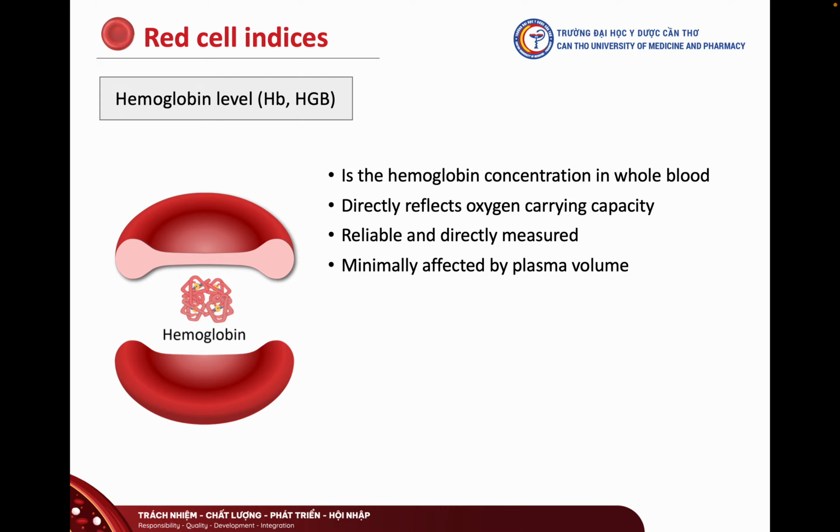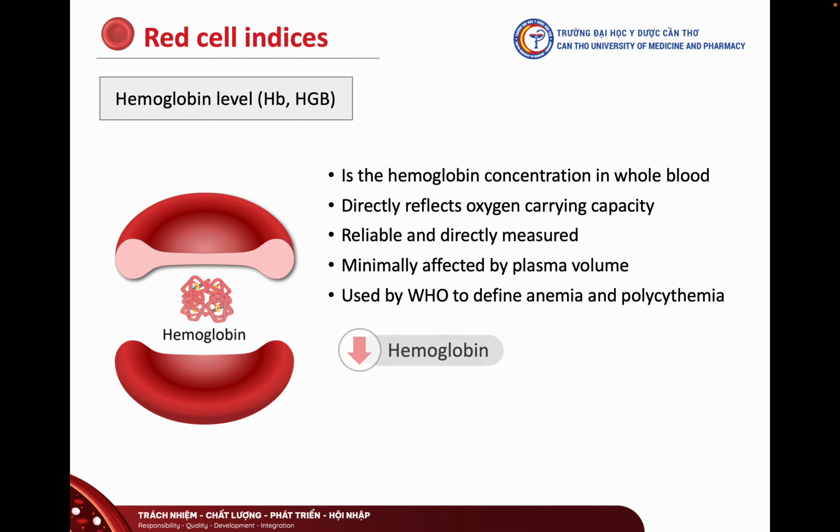Another key point, it is minimally affected by the plasma volume, which makes it more stable in case of dehydration or fluid overload. That is why the World Health Organization, WHO, uses hemoglobin as the primary standard to define anemia and polycythemia. A low hemoglobin indicates anemia, while a high level suggests polycythemia.